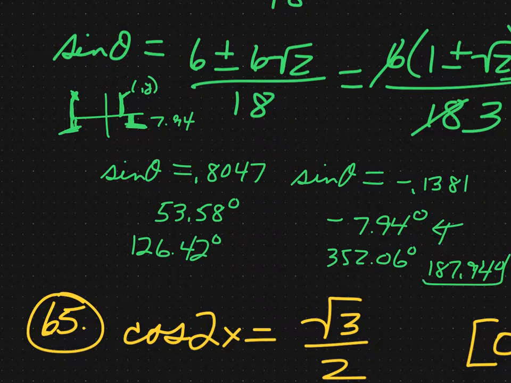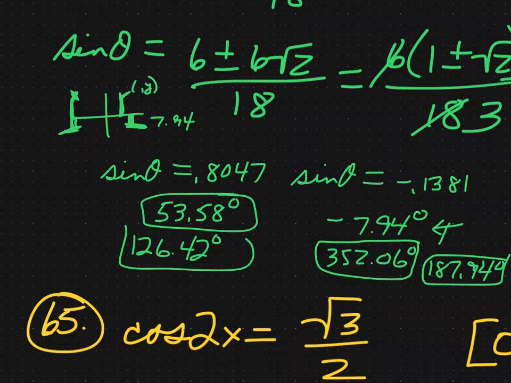So there are all the angles on the interval from 0 to 360 that would solve the original equation. That problem got a little tricky at the end.